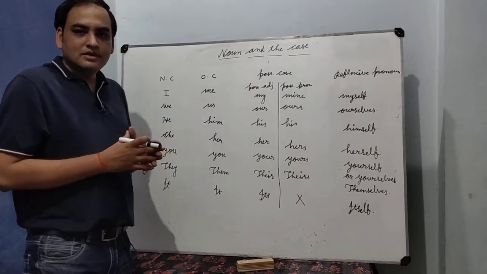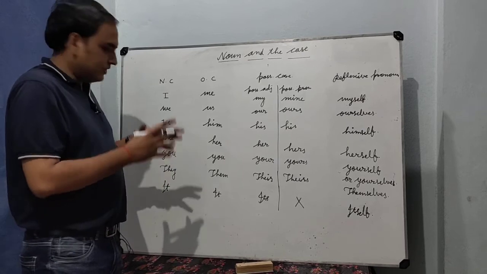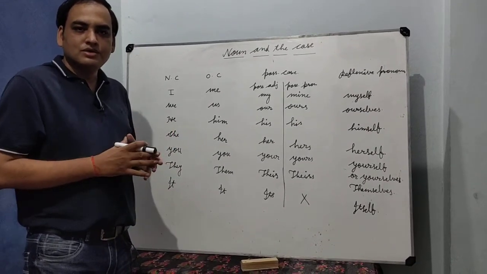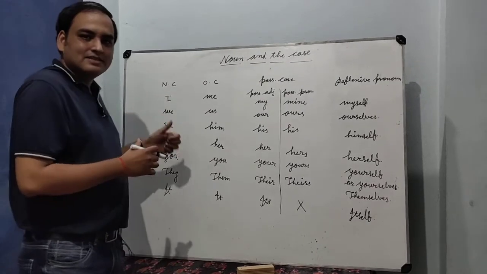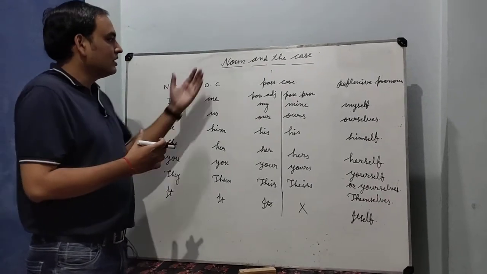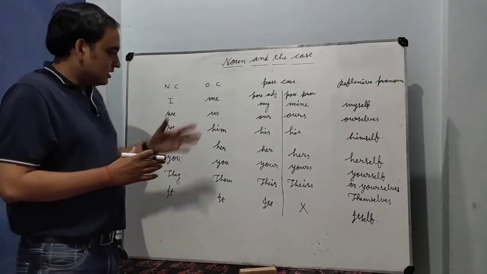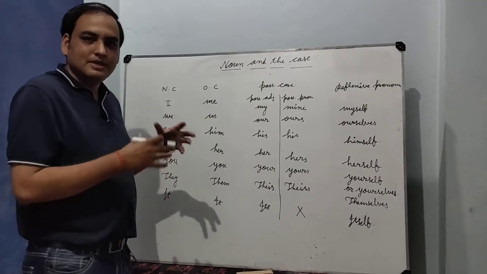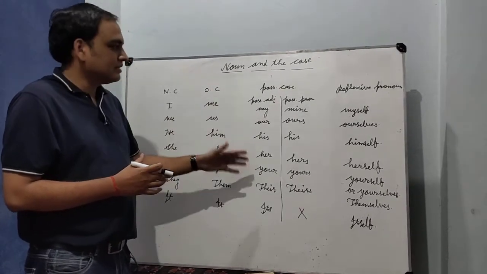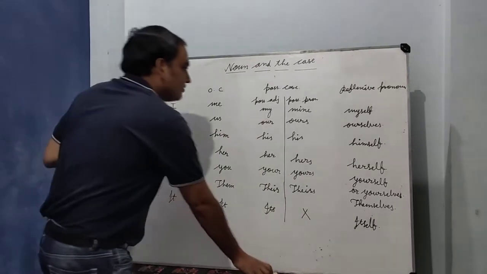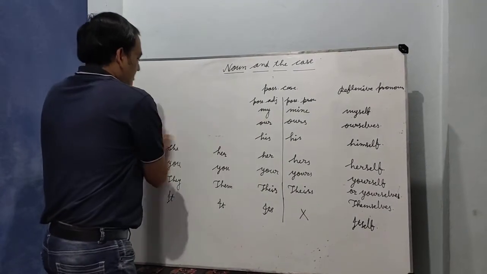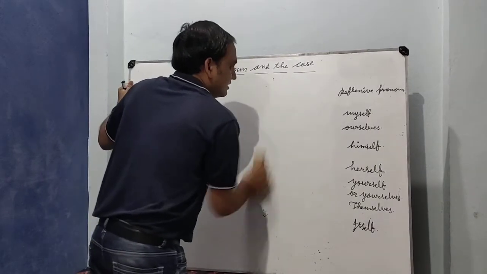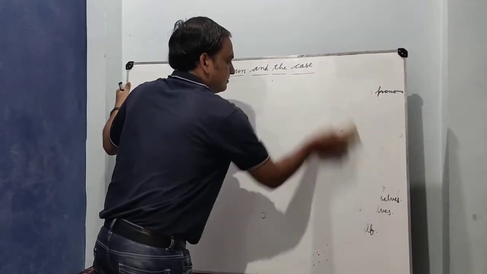So okay friends, this was the table. If we learn this table, we will understand how to use these different words in sentences in the case of noun. And in the last I will give some examples. They basically depend on possessive case, so you will better understand how to use these cases.